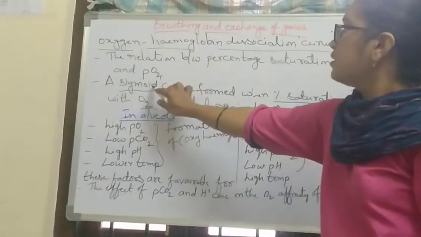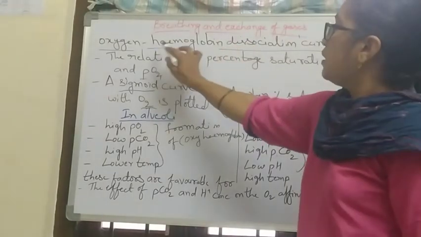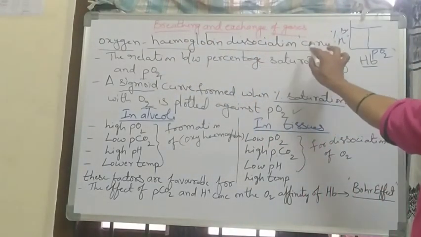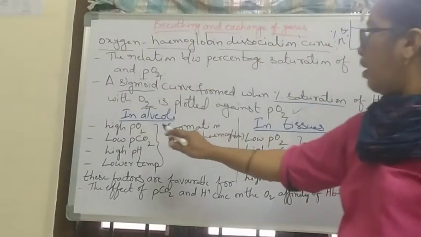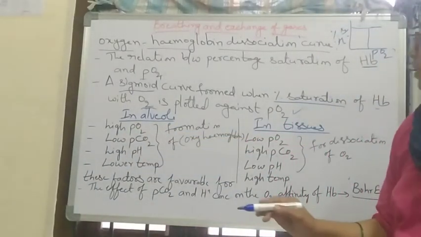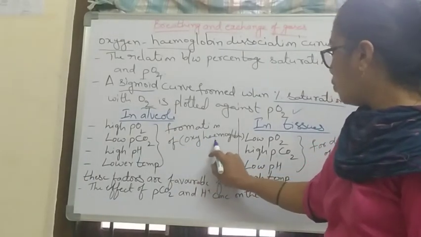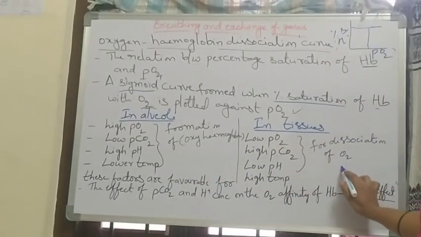Here we will get this sigmoid curve. That curve is called as oxyhemoglobin dissociation curve. Okay. Now here the dissociation curve is formed by the formation of oxyhemoglobin or dissociation of oxygen.